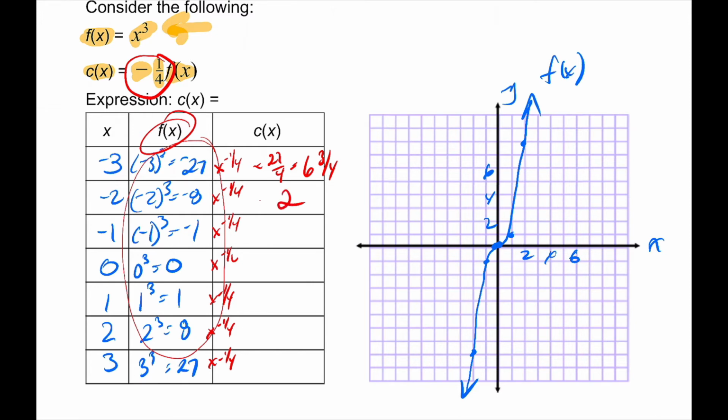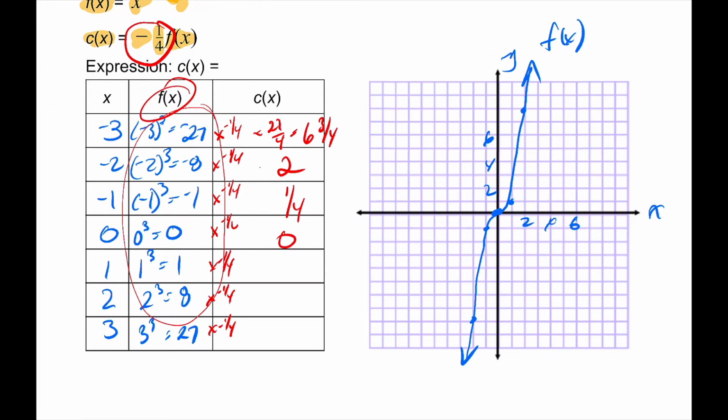Negative 1 times the negative quarter is going to be a positive 1/4. 0 times anything is going to be 0. 1 times a negative 1/4 is going to be negative a quarter. 8 times a negative quarter is going to be negative 2. And 27 times the negative quarter is going to be negative 27 over 4, which is roughly negative 6 3/4, so almost 7.